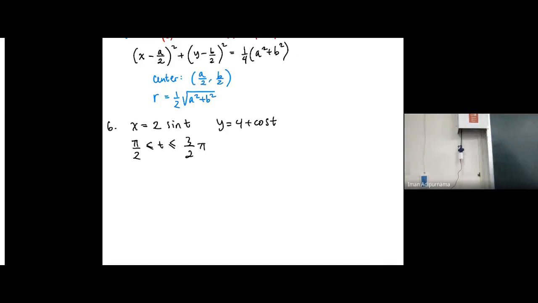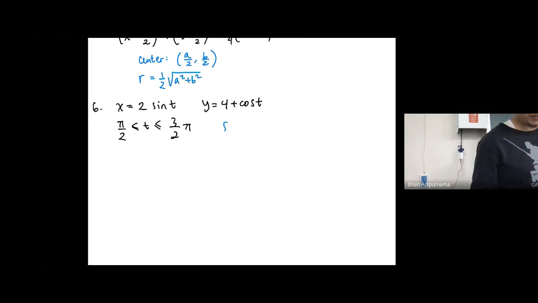First of all, if you want to solve the parametric and change to rectangular coordinates, if you have sine and cos, you need to solve by squaring the sine and cos. So the solution for sine t is x over 2, and cos t is y minus 4.